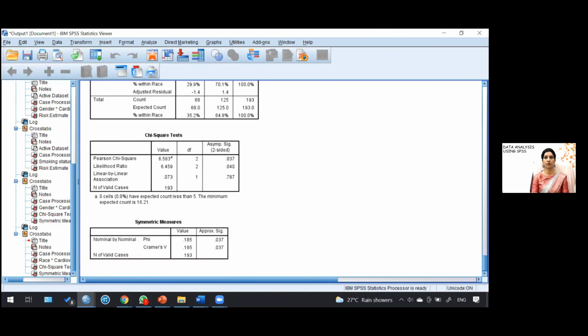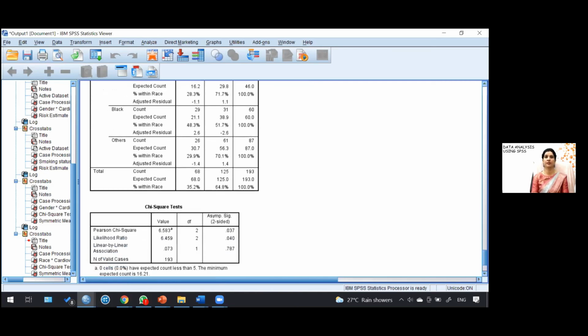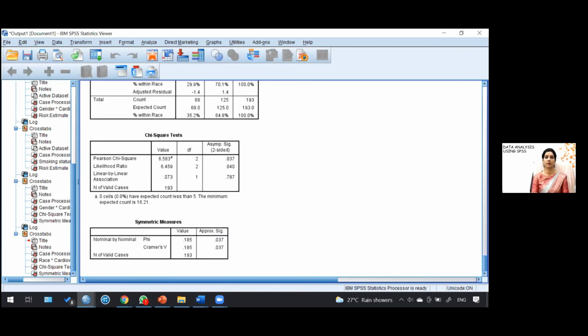0.185. How to interpret this? We know that you have to state the value of chi-square, the significance level with the degrees of freedom, and then you have to tell the value of phi and Cramer's V. So how to interpret this?